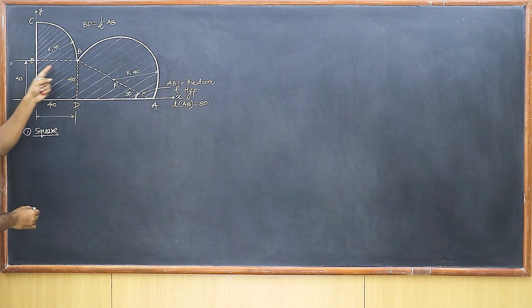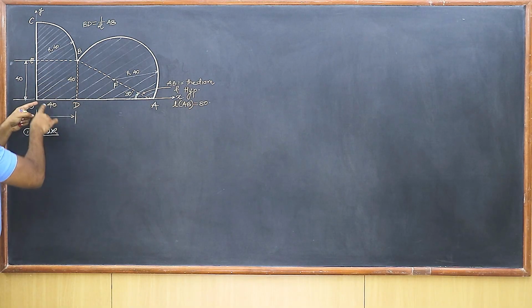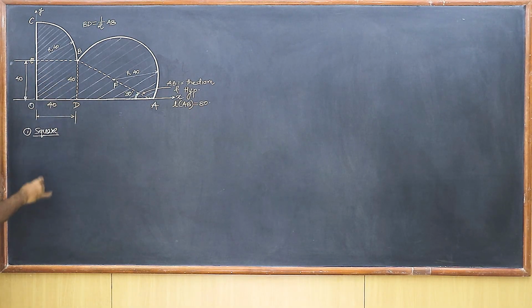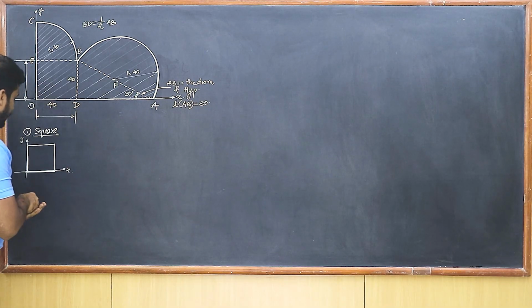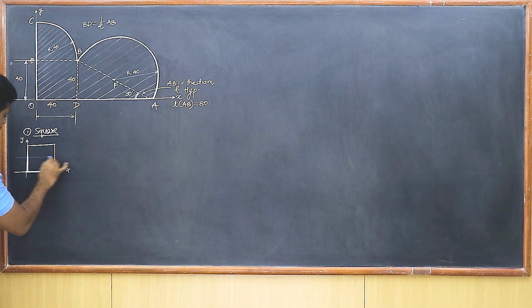Now observe carefully, this square is placed directly on the x and the y axis. So if I take the x axis here and the y-axis here, I simply need to place the square with its adjacent sides on the x and the y-axis. What's the dimension? It is 40, isn't it? So 40 units. You can also say that it is a symmetric diagram. You can have the lines of symmetry.